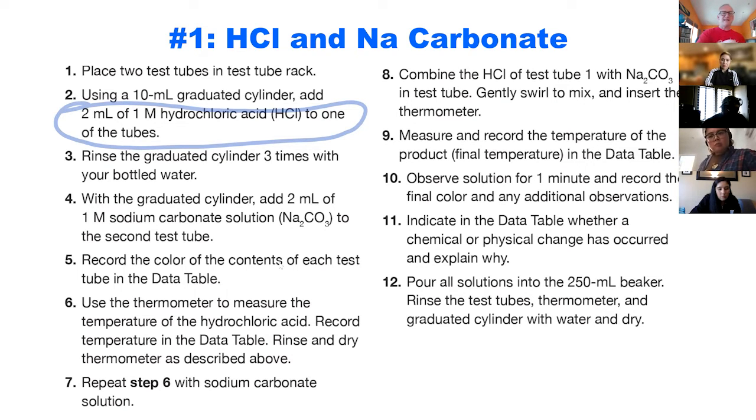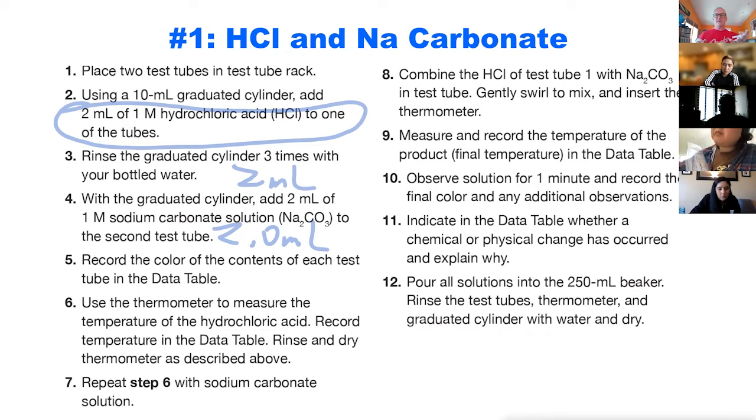And remember, if it says 2 mils, it doesn't need to be exactly 2.0. If it says 2.0 mils, then you've got to get it super accurate. But if it says 2, basically anything between about 1.8 and 2.2 mils is fine. It's just roughly that much.